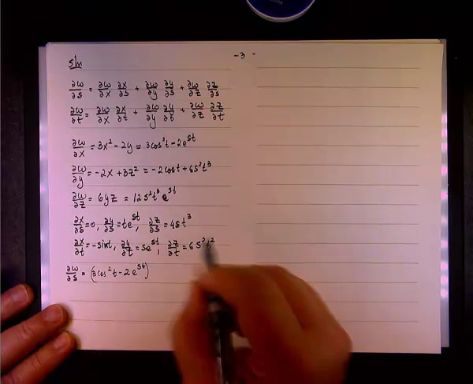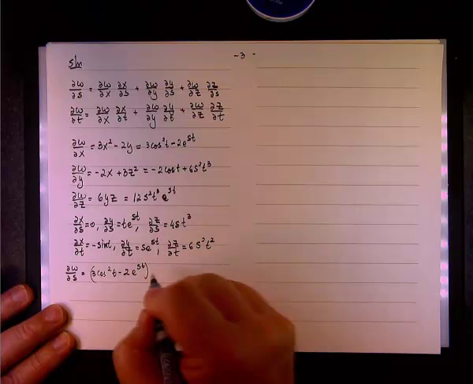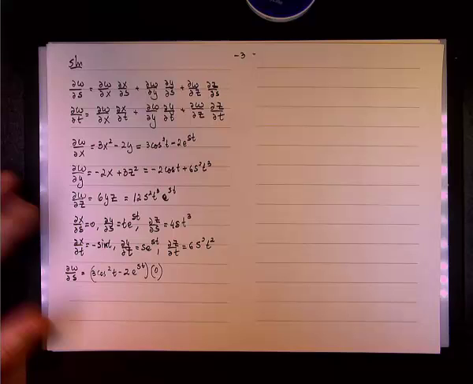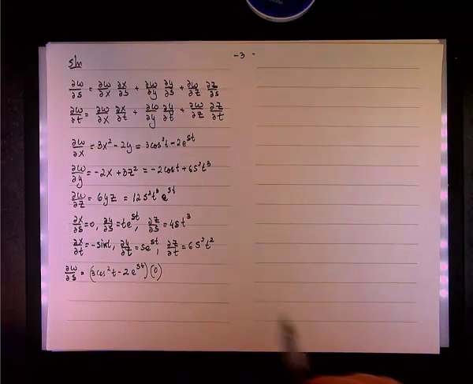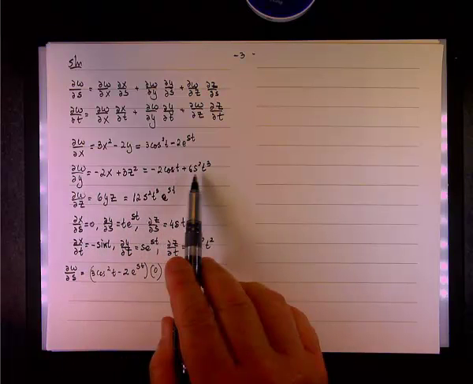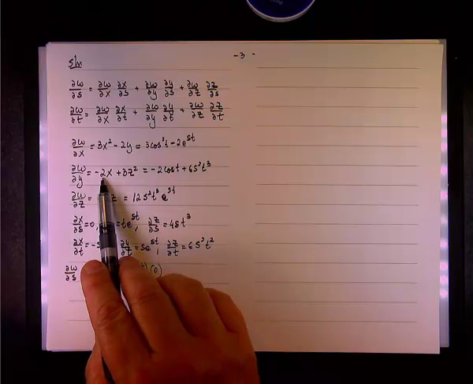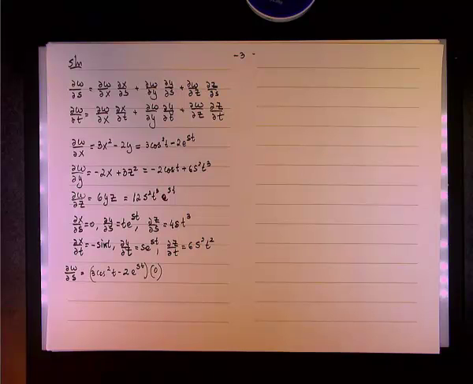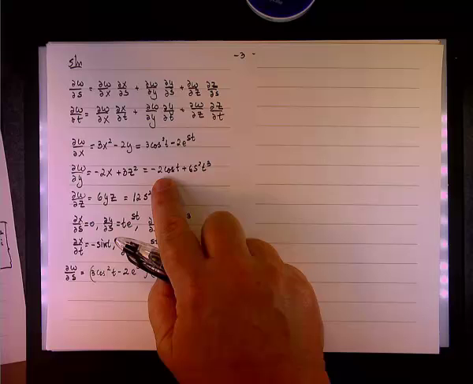And now I'm ready to finalize the solution. So I'm looking on top right here, del w del x is 3 cosine squared of t minus 2 e to the st, times del x del s, which is right here, which is 0.